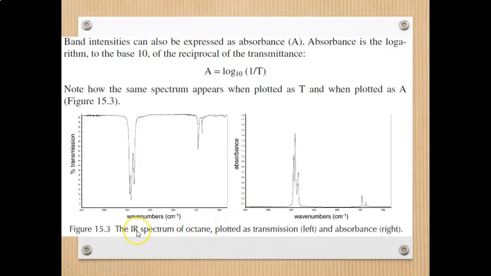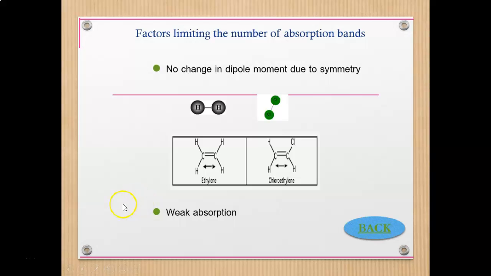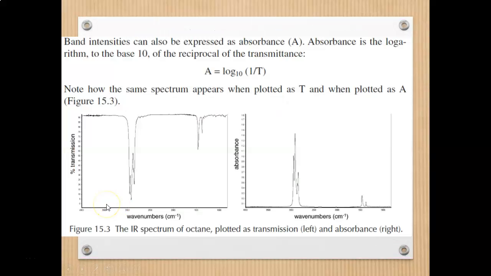So this IR spectrum is plotted as transmission on the left and absorbance on the right. So actually absorbance is the reciprocal of the transmittance, so it will be inverted. This one the peak goes up, this one the peak goes down. So for our study, our syllabus, we will determine the peak based on the transmittance.